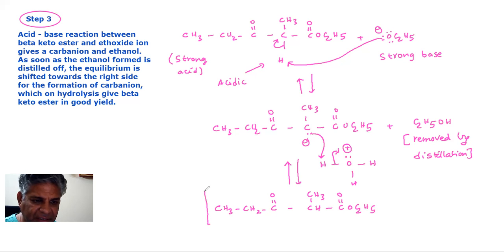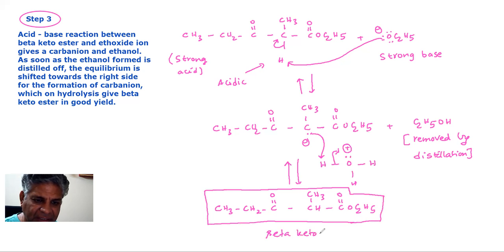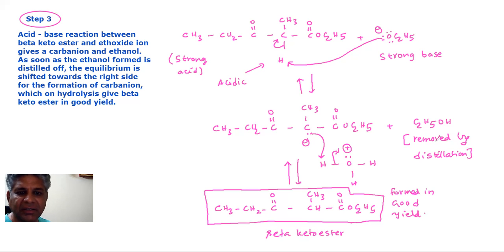So this is your beta keto ester, the final product. Now this beta keto ester is formed in very good yield, because once this ethanol is removed by distillation, equilibrium shifts towards the formation of the carbanion, which on protonation gives your beta keto ester. So this is how the reaction takes place with ethyl propanoate.